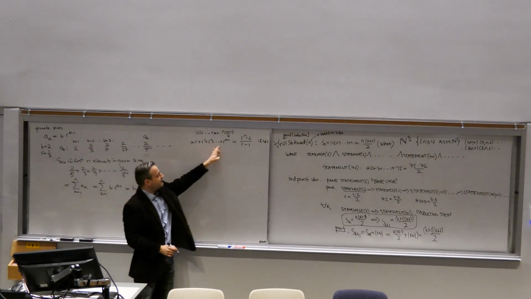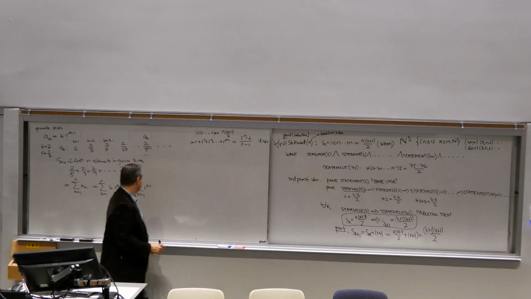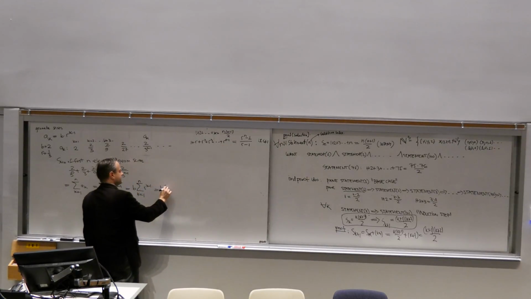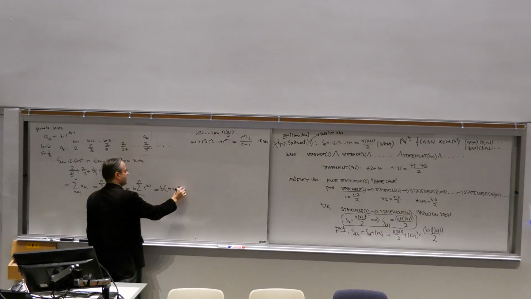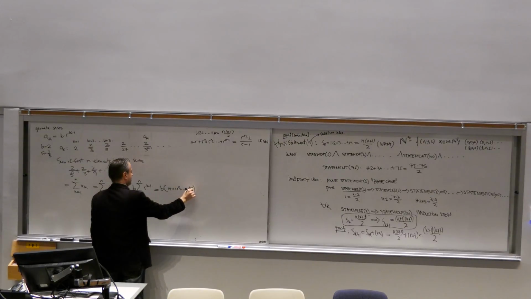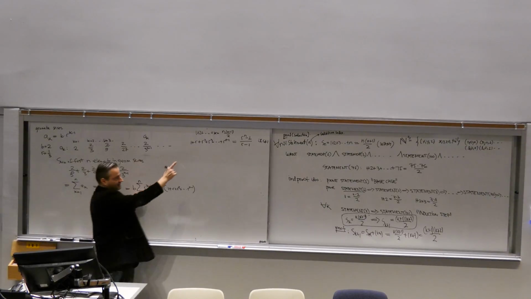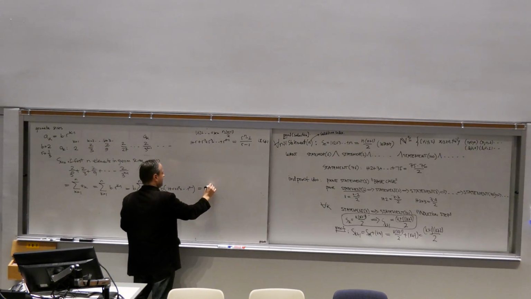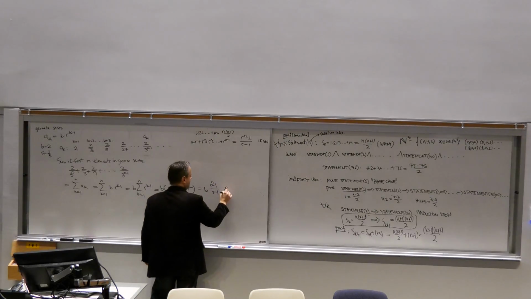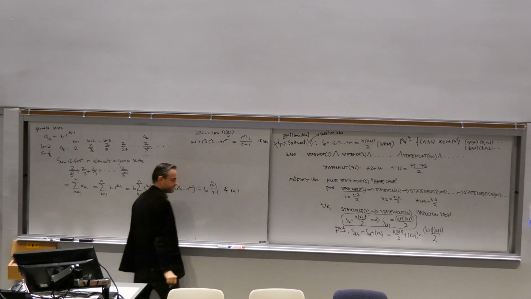That's exactly this sum here. This is b times (1 plus r plus r squared plus ... plus r to the n minus 1). It's exactly that sum. So I can replace it with that formula and I get b times (r to the n minus 1) divided by (r minus 1). That's again if r is not 1.